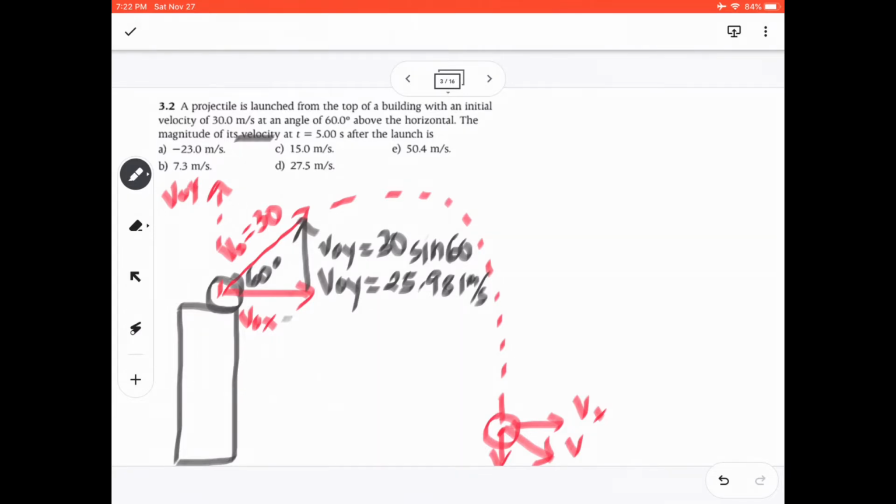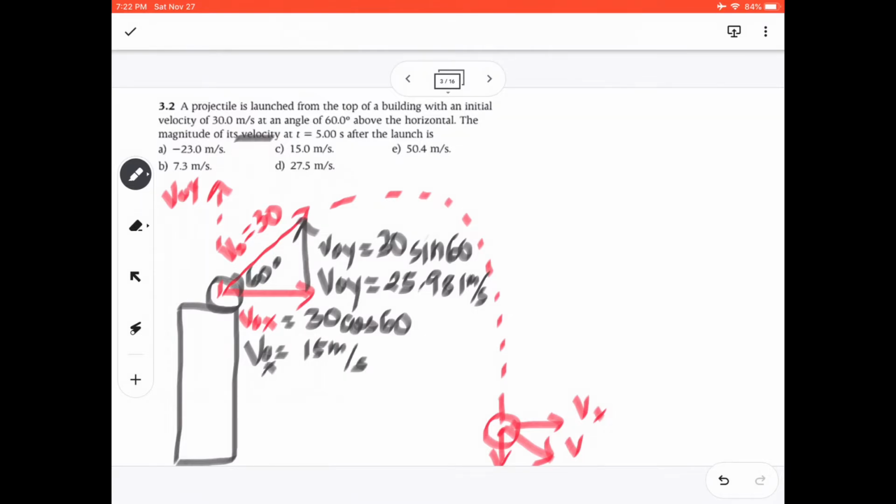And then your VOX is, of course, cosine: VO cosine theta, which is 30 cosine 60. VOX is equal to 15 meters per second.